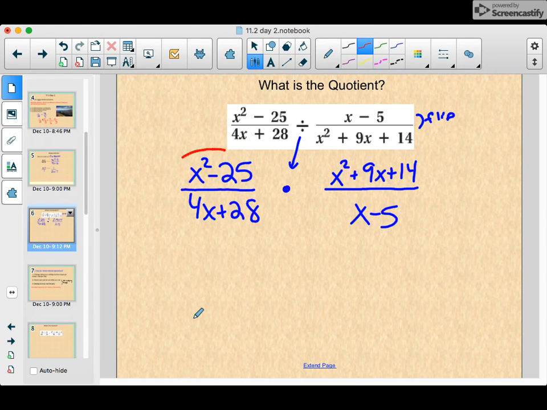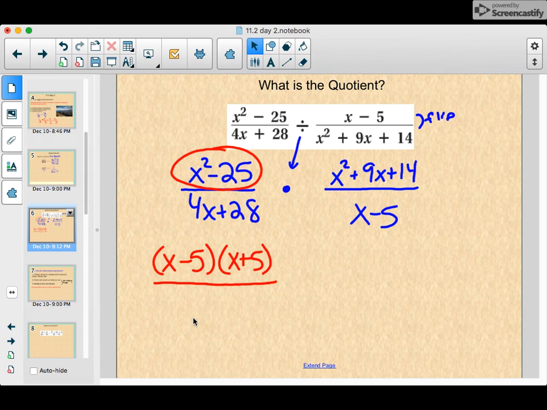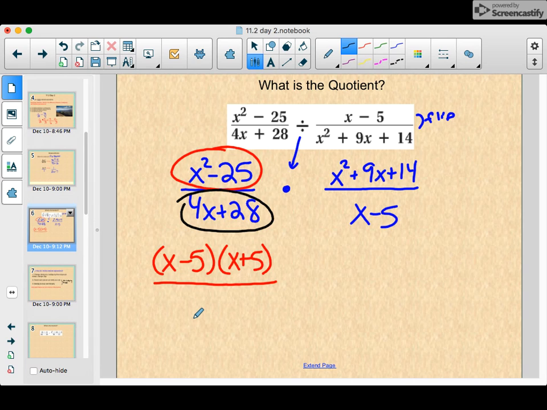So I'm only going to focus right here and think, okay, how do I factor that? Well, b is missing. It's a difference of squares. So I'm going to square root them, and I get x minus 5, x plus 5. Then I'm going to go to this part right here. What can I do there? I can take out a 4, and I'm left with x plus 7.